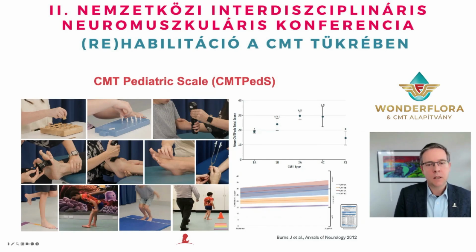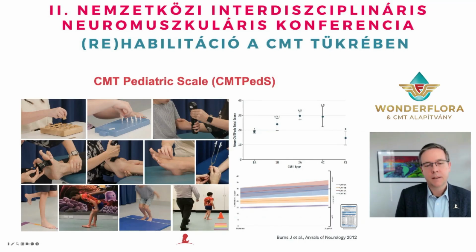We also have 2 measures of sensation, using a pinprick and a vibration to see how well you feel. We have balance tasks. We have some walking tasks, such as walking on heels and walking on toes. We have a jump task. And then finally, we have the 6-minute walk test.